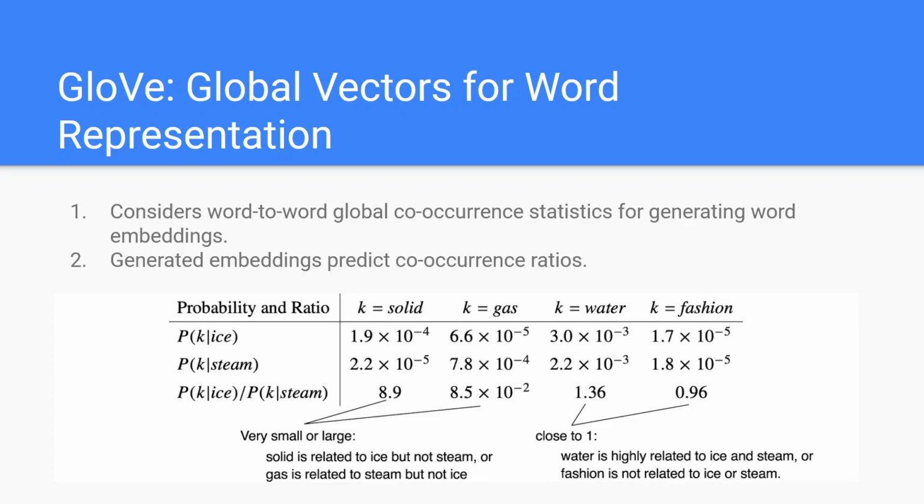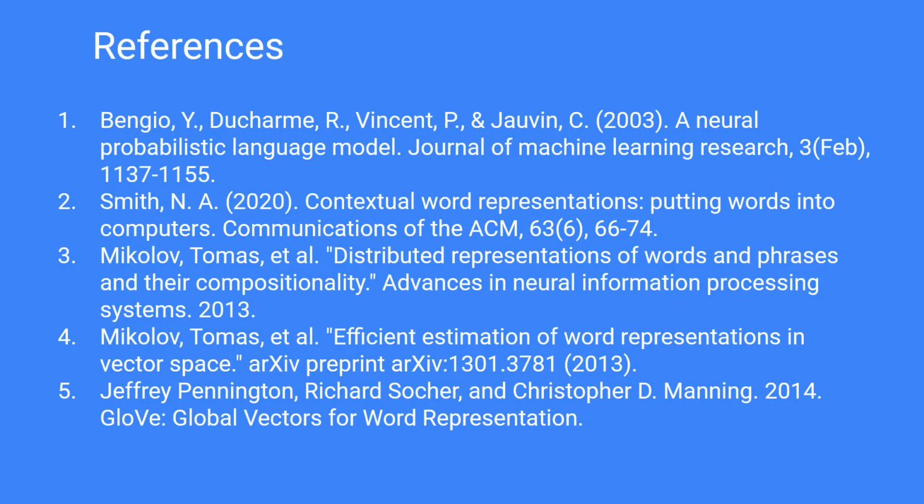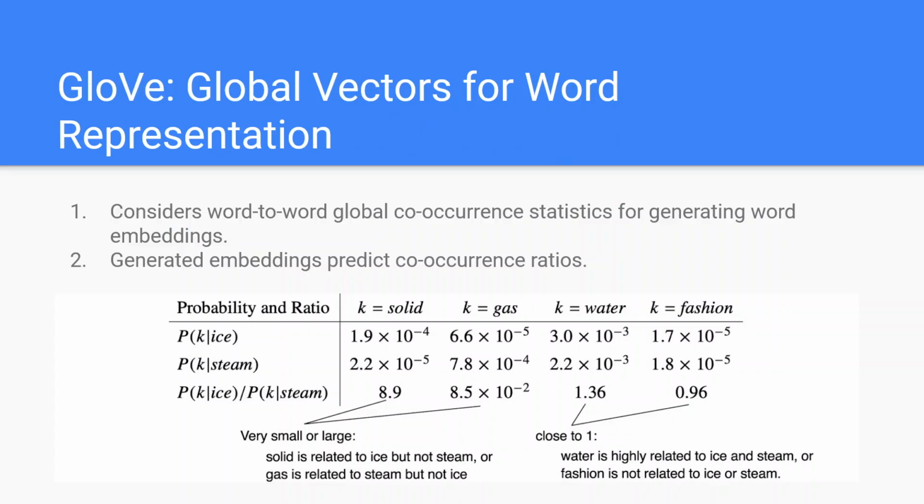For example, let me take ice and steam. Since ice is a solid, the probability of ice and solid occurring together is high compared to the probability of solid and steam occurring, and so on.